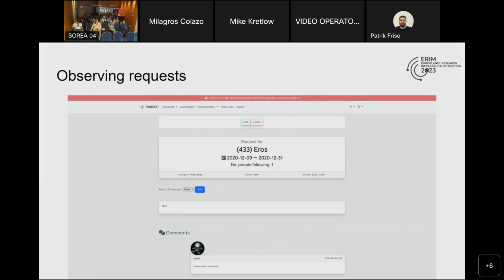Yeah, so this is the view example of request for Eros. The dates that user is interested in, and there is one user following that request. Under the request page, there is a comment section in which users can exchange some more information and details, also add some remarks.